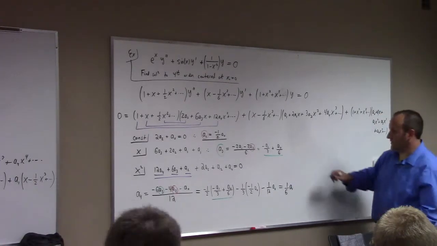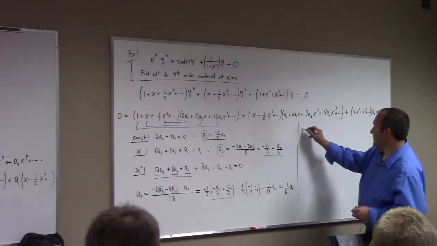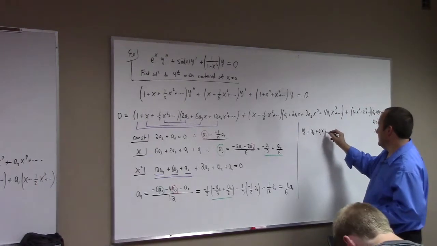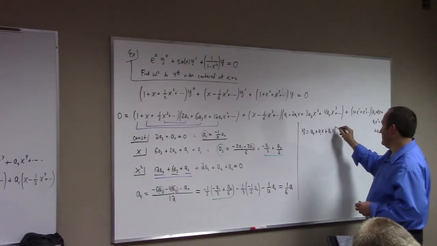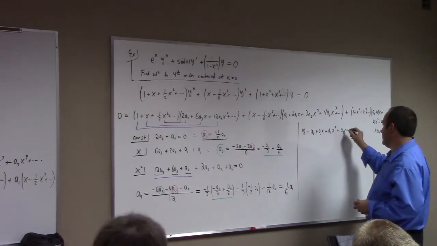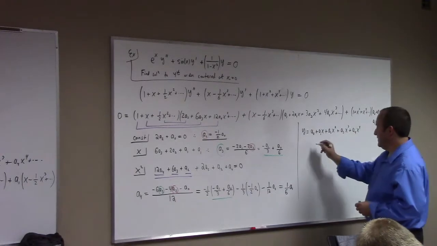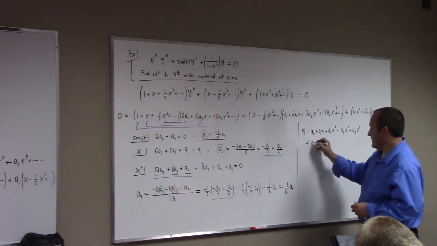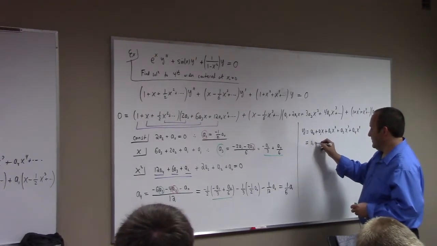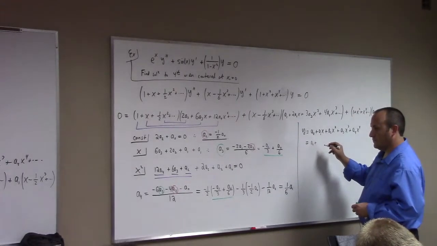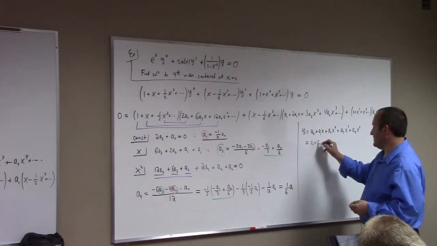All right, so let's put it all together. What do we got? Y equals a sub 0 plus a sub 1x plus a sub 2x squared plus a sub 3x cubed plus a sub 4x to the 4th, which is equal to what? We got a sub 0. What was my a1? It's just a1x, right?